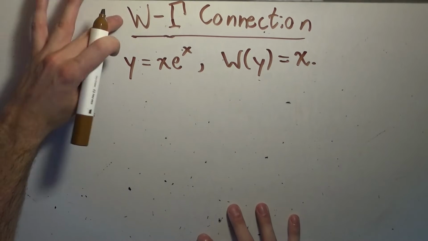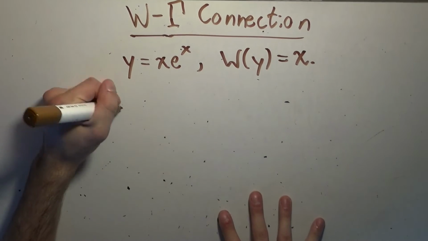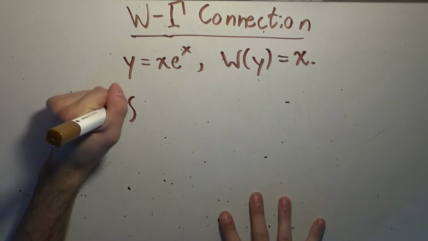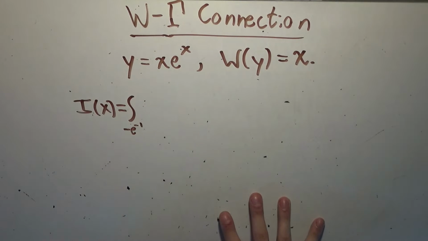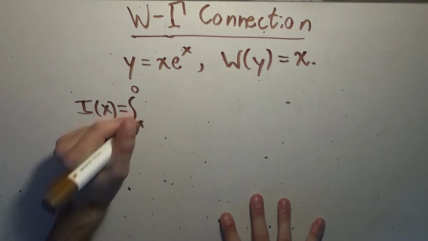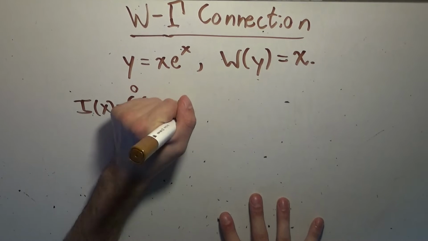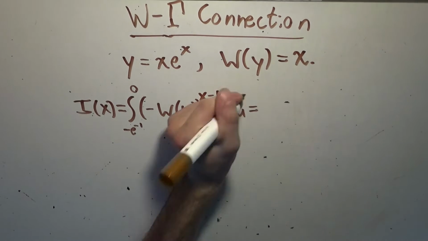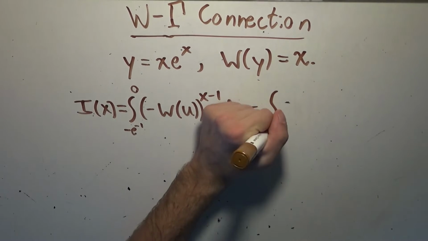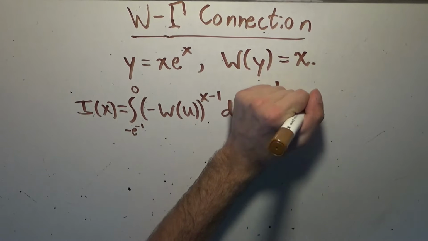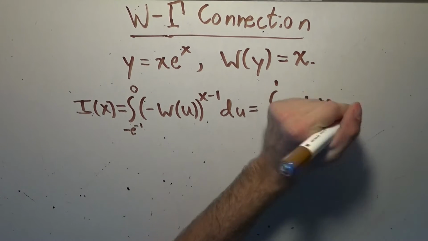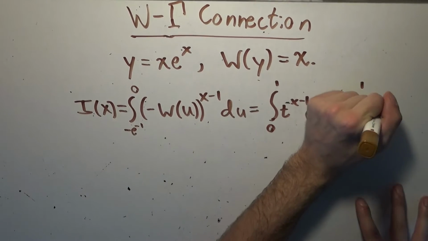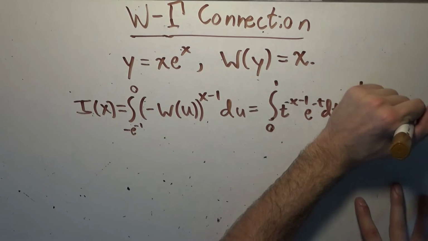What I proved in this video, the W gamma connection, was that the integral that I'll call I of x, from negative e to the negative 1, or negative 1 over e, to 0 of negative W of u to the x minus 1 du, was equal to this integral from 0 to 1 of t to the x minus 1 e to the negative t dt, minus that same integral but at x plus 1 instead of x. So 0 to 1 of t to the x times e to the negative t dt.